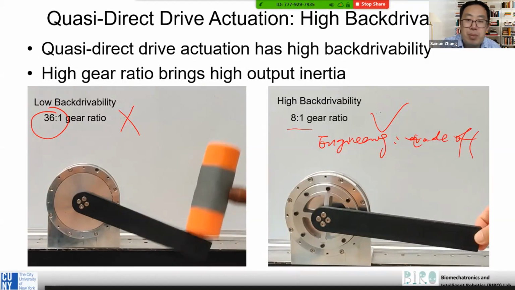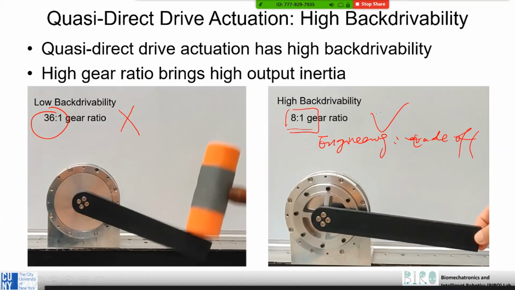In terms of backdrivability, yes, 8:1 is better. But what's the problem with an 8:1 gear ratio transmission? RPM is lower? Not really, right?